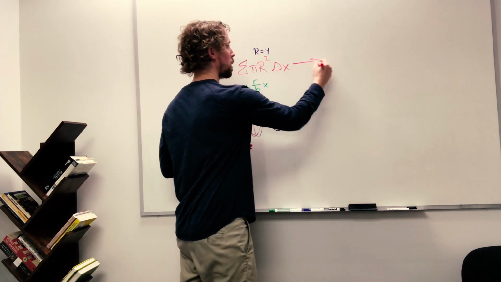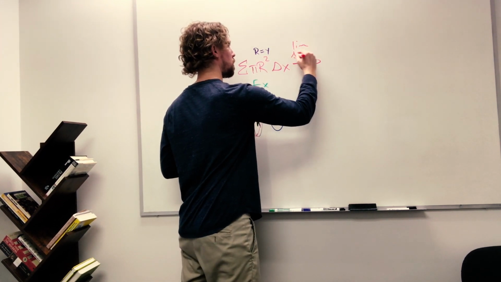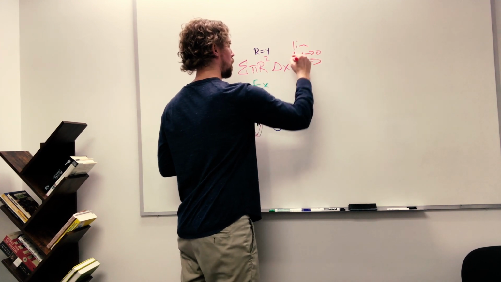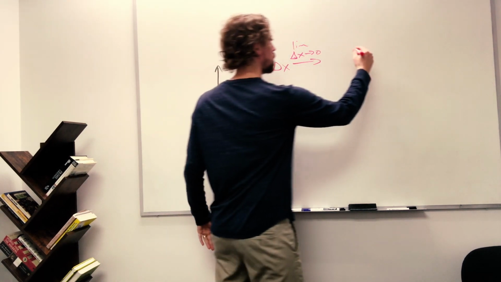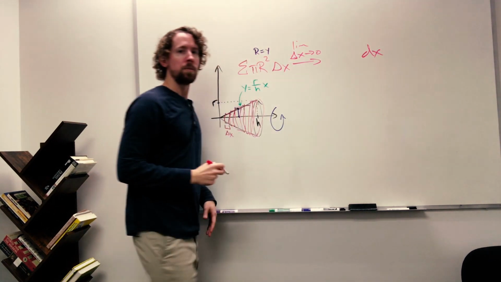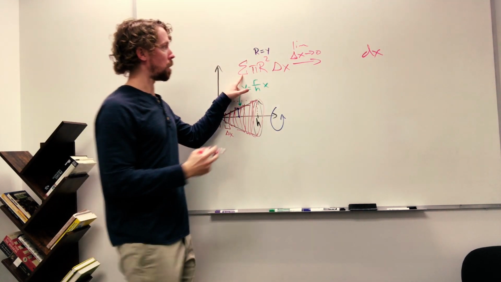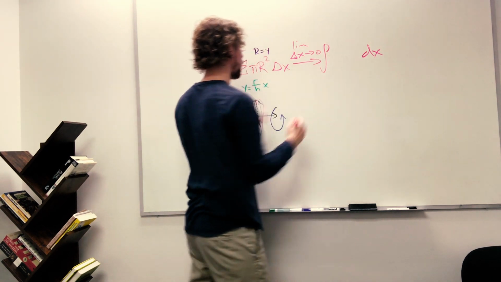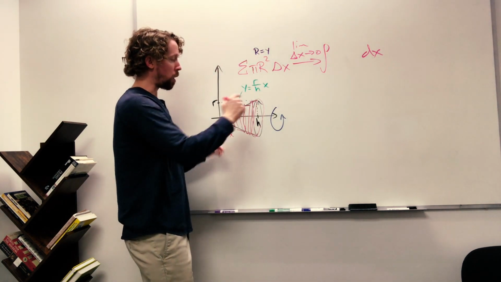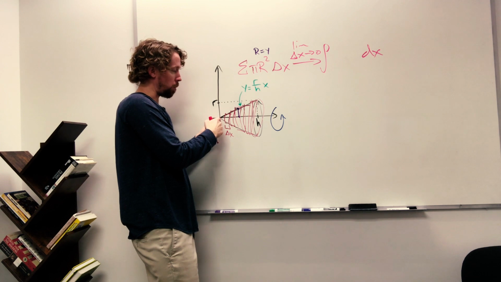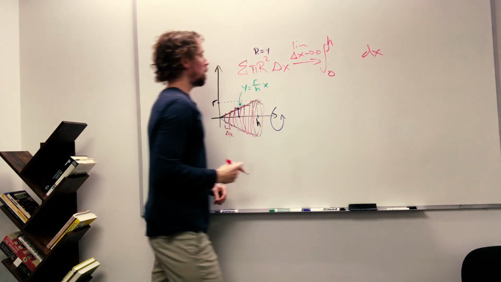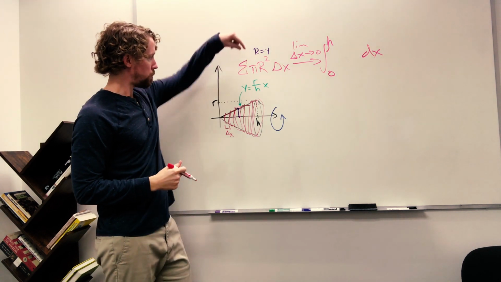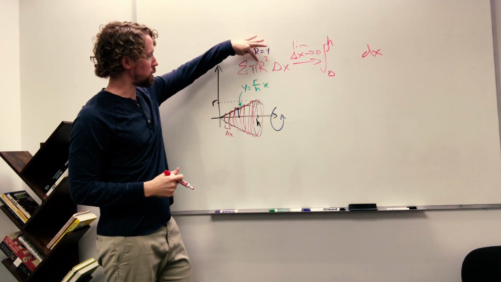And in the limit, in symbols, remember this delta x turns into a dx. And this sum turns into a stretched out s. We're integrating with respect to x, so we're going to be going from 0 to h. And then the y value is this radius.